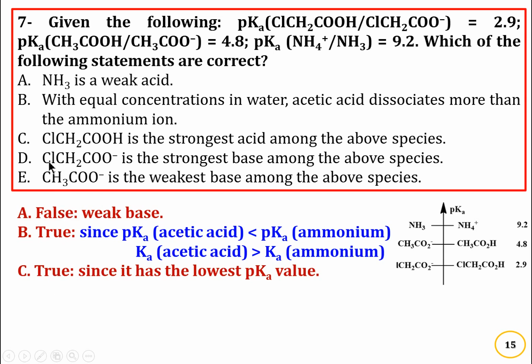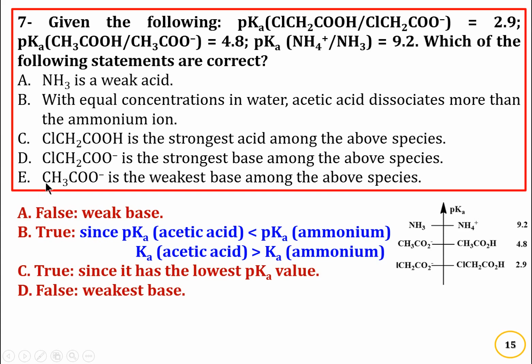D, ClCH2COO- is the strongest base among the above species. ClCH2COO- has the lowest pKa, so it's the weakest base. So D is false.